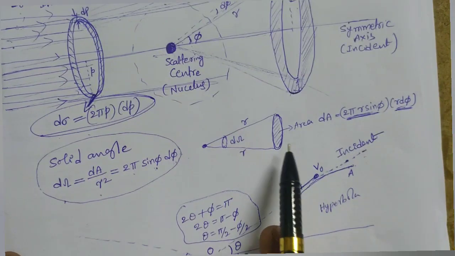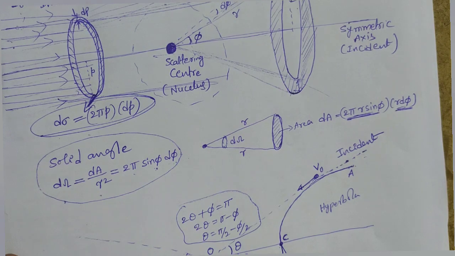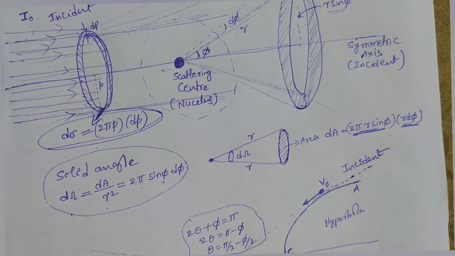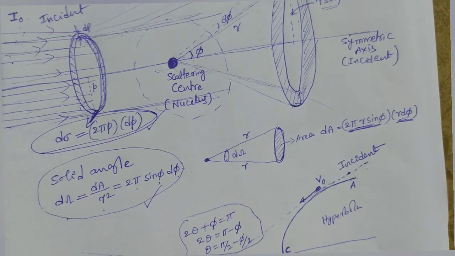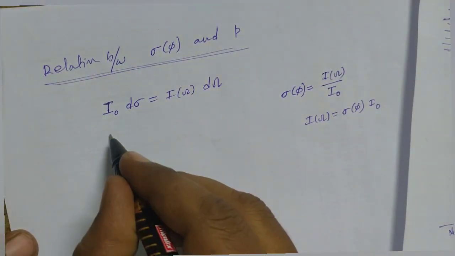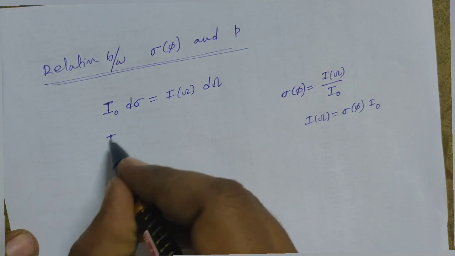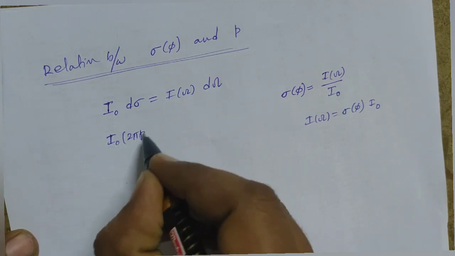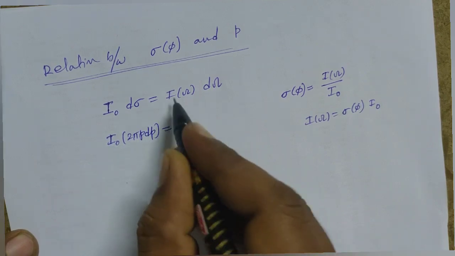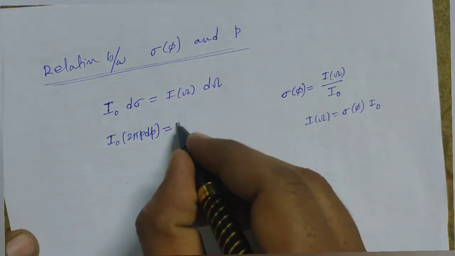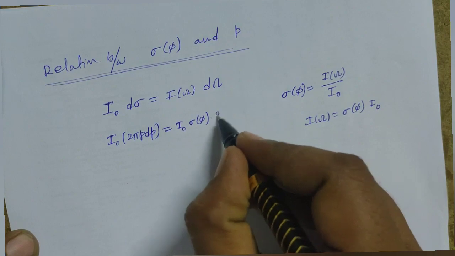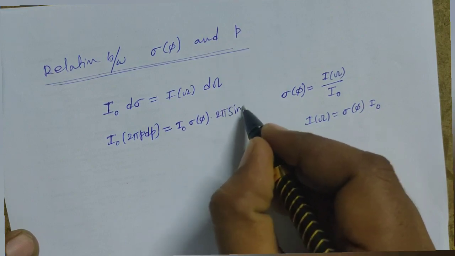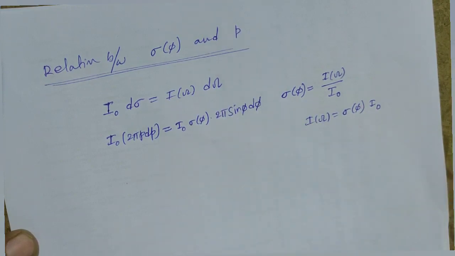Because it is area divided by r squared, everything is on the length scale. So I substitute for dσ and for dΩ. Now I naught into dσ is I naught into 2π p dp, and this will be I naught into the differential cross section into the solid angle, 2π sin φ dφ.